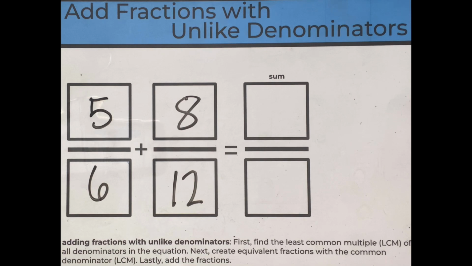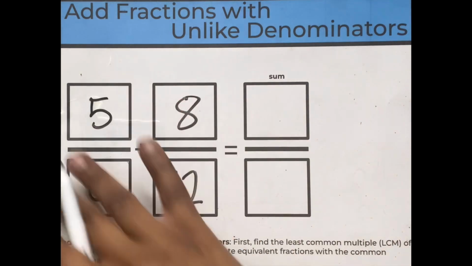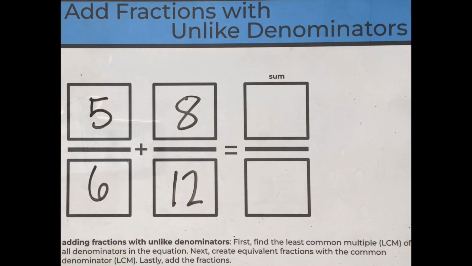Lastly, add the fractions. So pause the video and write this equation down. Now, let's follow these steps that are listed at the bottom of our mat. If you don't have the mat, of course, you can have notebook paper and you can write this down.